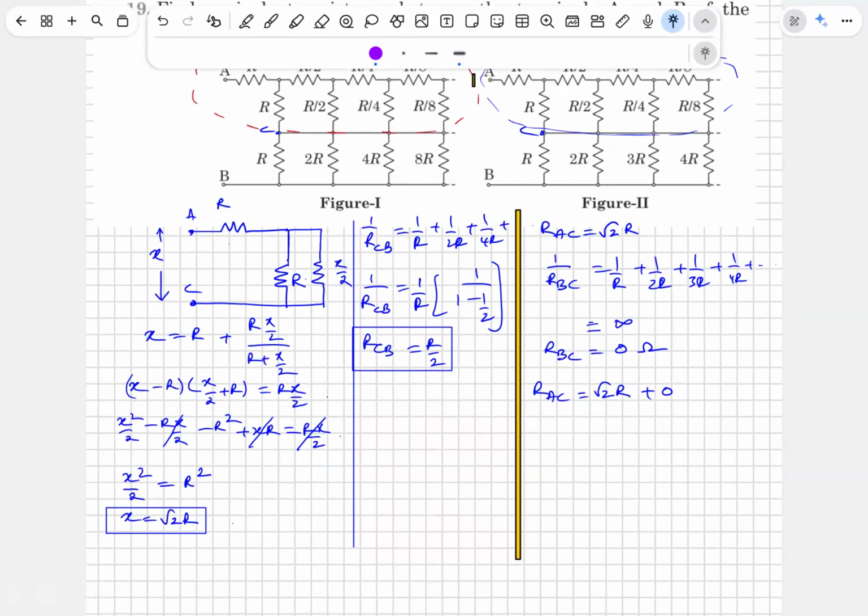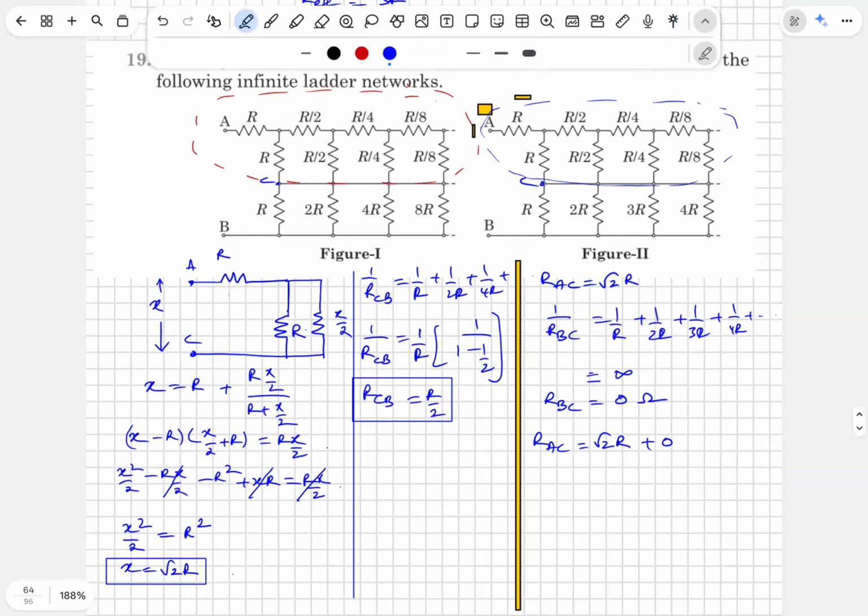Remember, the upper half from A till C is root 2 r, followed by the second part of the deal. The second part of the deal is r, 2r, 4r, 8r, so on. So that's in geometric progression, right?